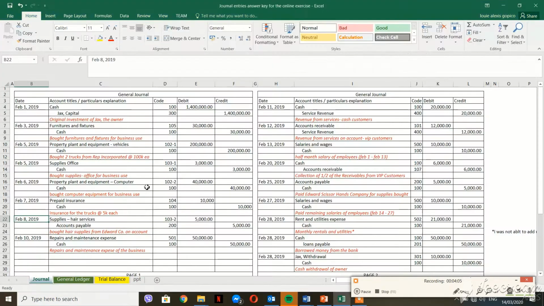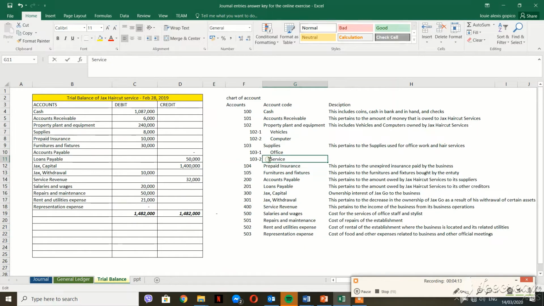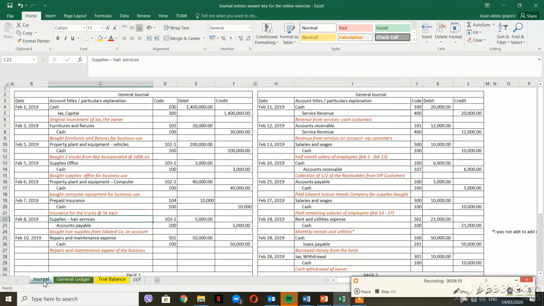As you can see in the chart of accounts, we have supplies. So it is an asset because we have not consumed it yet. Right? Supplies are assets that have not yet been consumed, expired, or used. Okay? So it still has value to us.